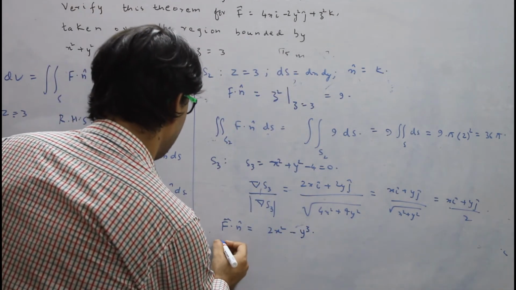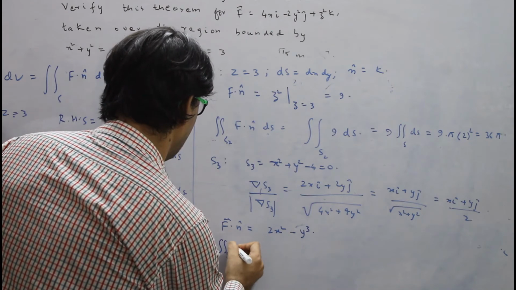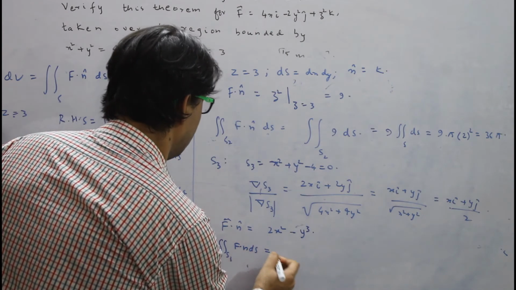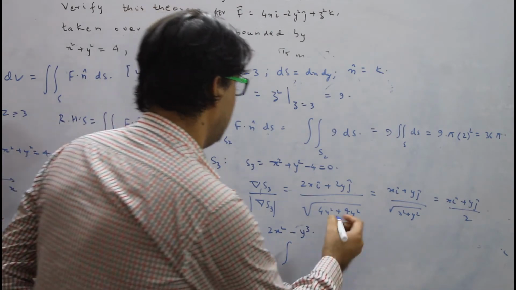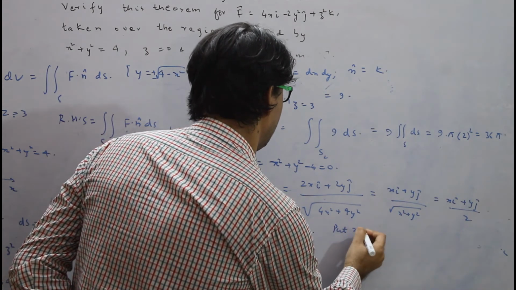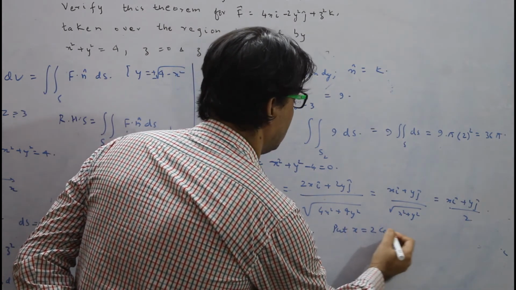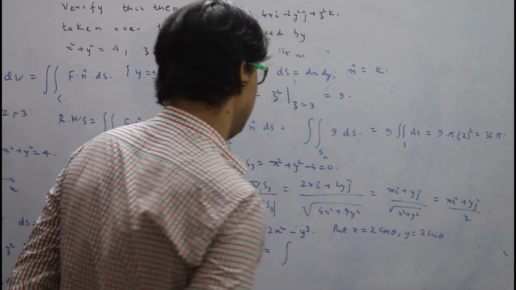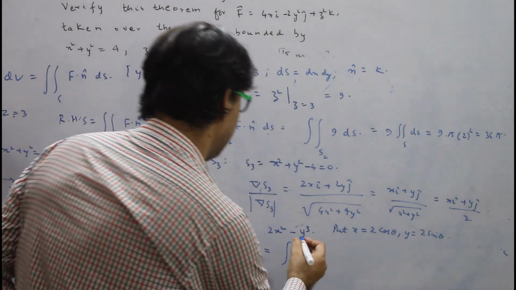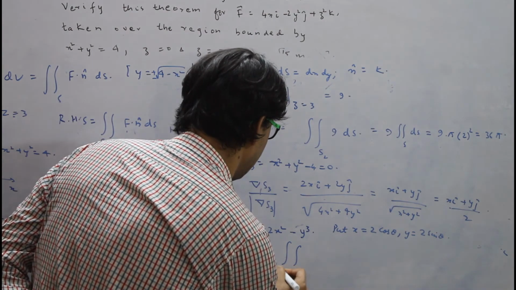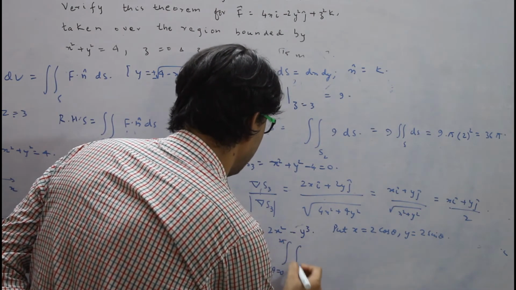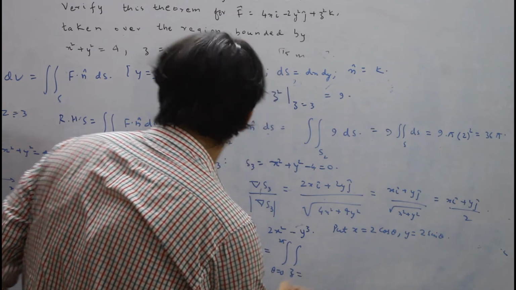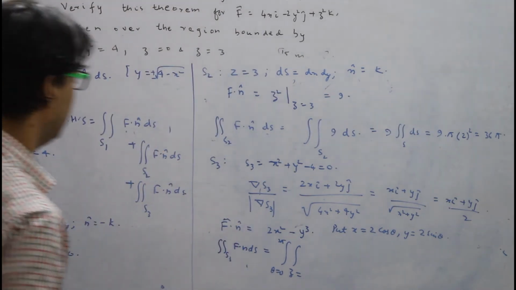So finally we have to compute the integral over this surface. If we put it in polar form, x is equal to 2 cos theta and y is equal to 2 sin theta. Okay, so we can write this as, and theta runs from 0 to 2 pi, and over here we have the height, that is 0 to 3.